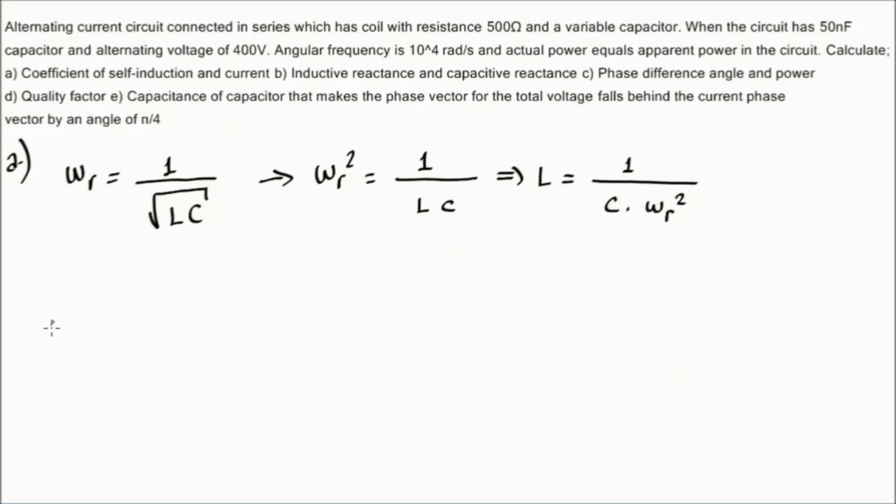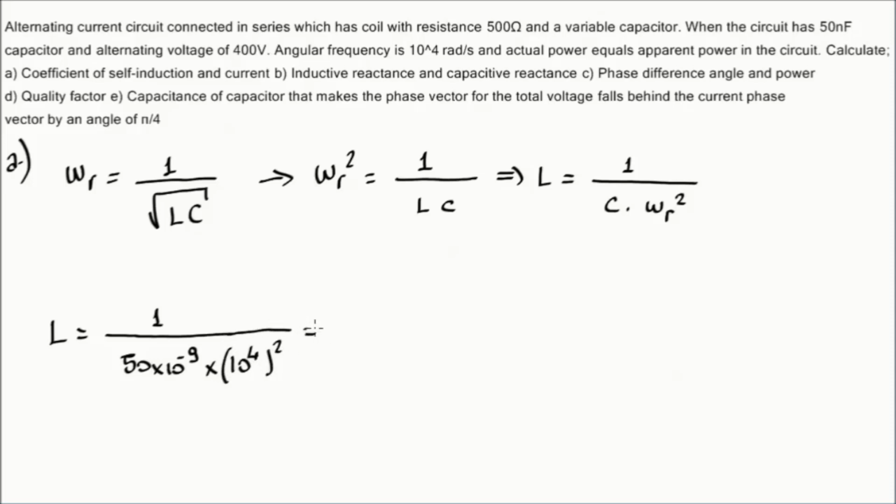So let's substitute the value. L equal 1 over C, which is 50 nanofarad, so 50 times 10 to minus 9, times omega, which is 10 to 4, and we have to take the square.